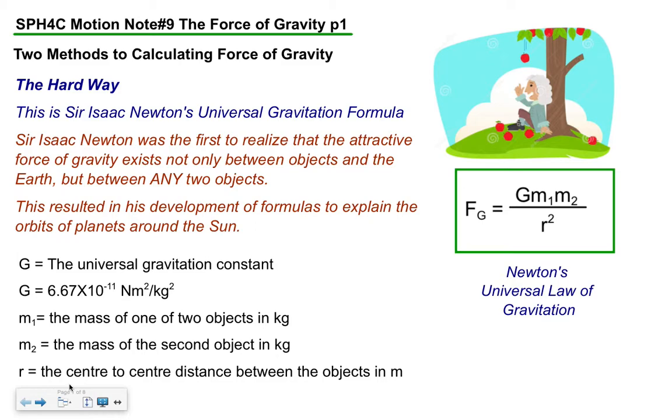But anyways, that's a big digression, because what I wanted to say here is that Newton realized that gravity wasn't just between apples and the ground or us and the ground. It's between any two objects, and it is the force that makes us orbit the sun and makes the moon orbit us. Right? It's all because of gravity.